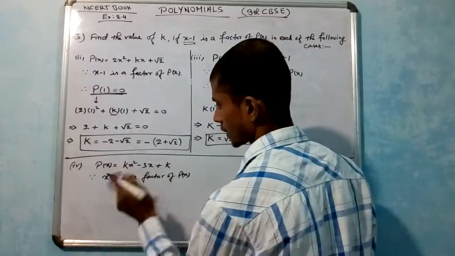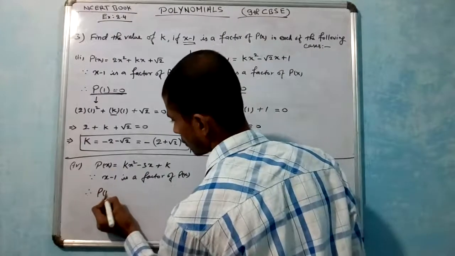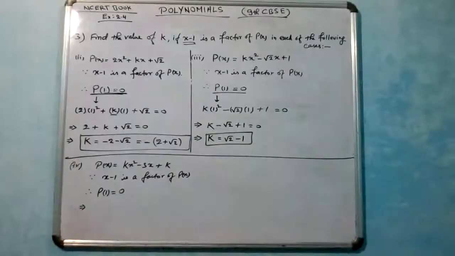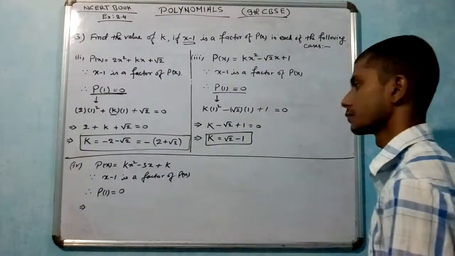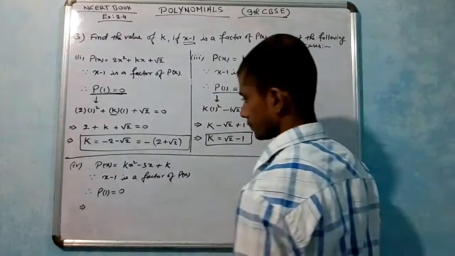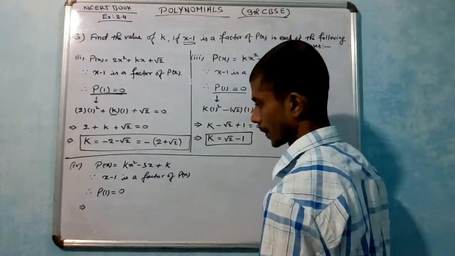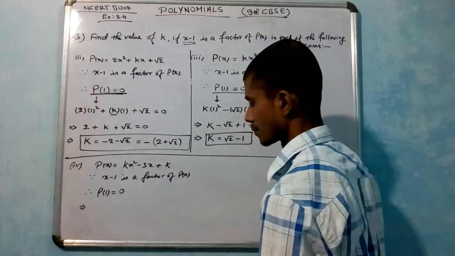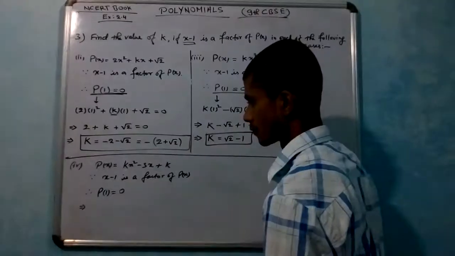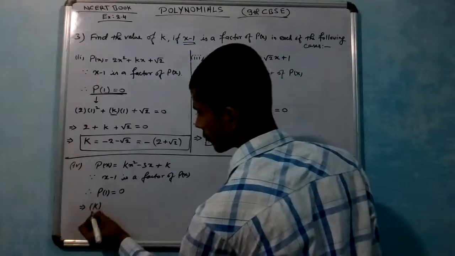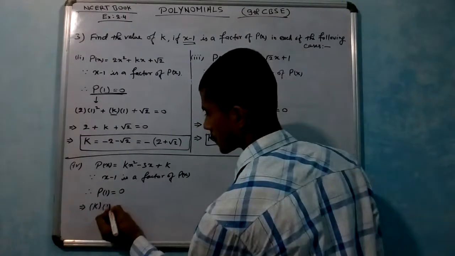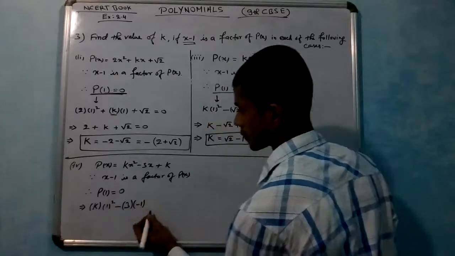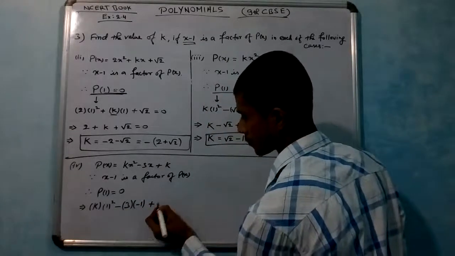X minus 1 is a factor of Px, therefore P of 1 is equal to 0. Next what? Plus?